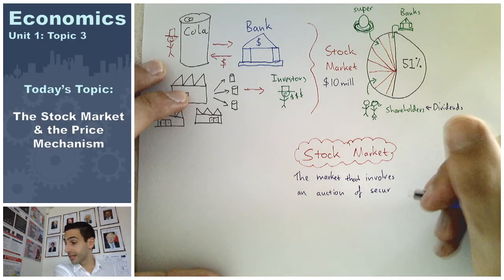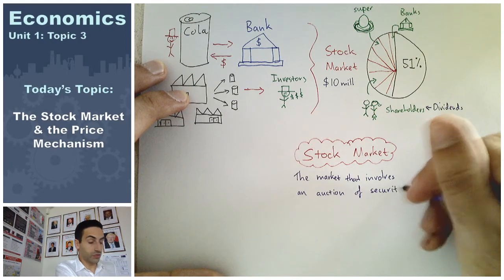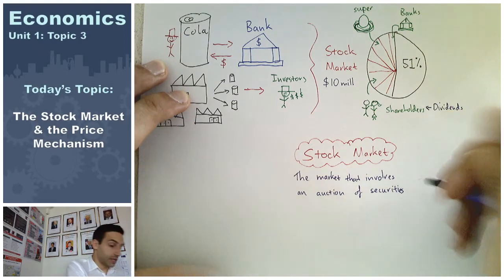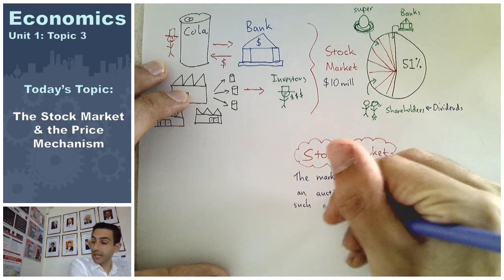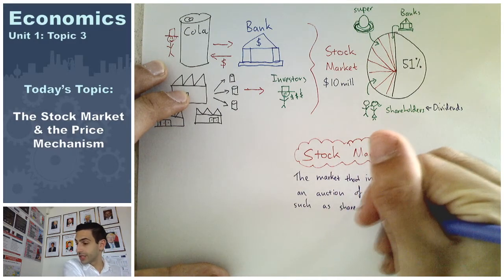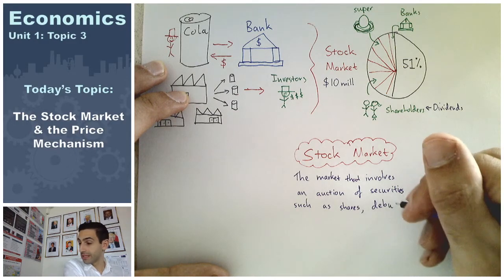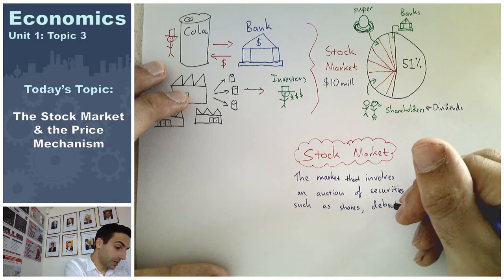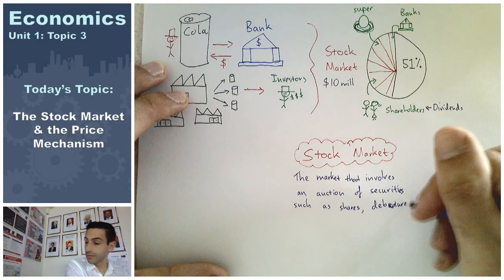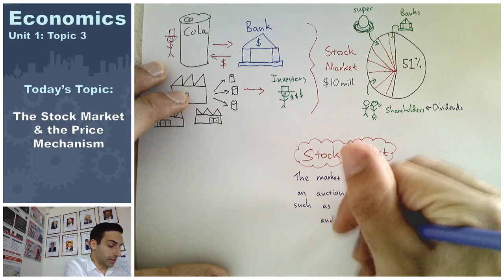I'll explain this in a second. An auction of securities such as shares, but there's other things too. We'll talk about debentures, and bonds.